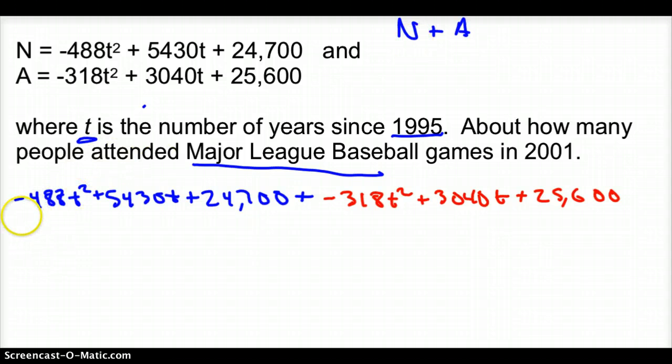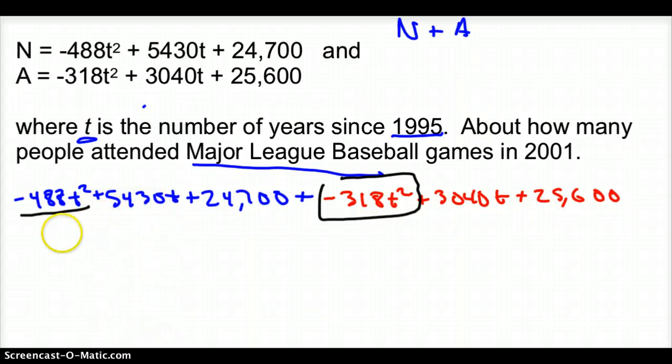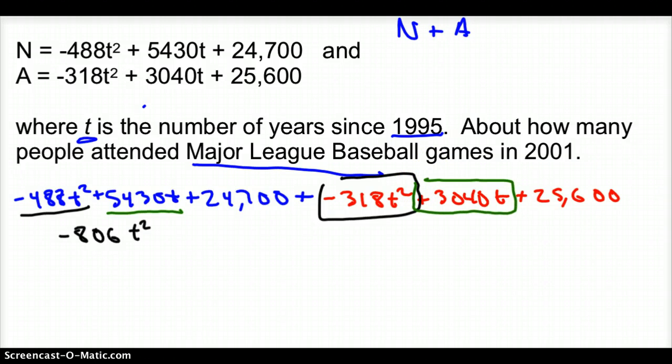Combining all your like terms, I have this guy. Do I have any other t squareds? And I have this guy. Remember, those signs are both negative, so when I combine them, it turns into a negative 806t squared. What else do I have? I have some t's here. That is a positive t. I have some t's here, which is another positive.